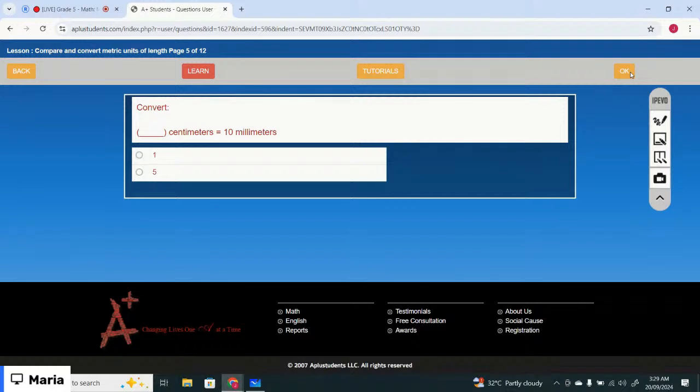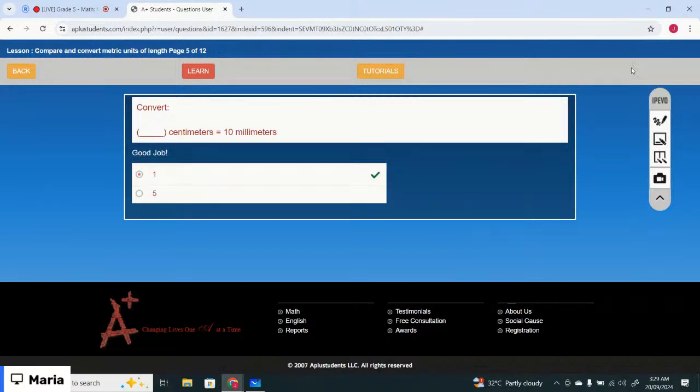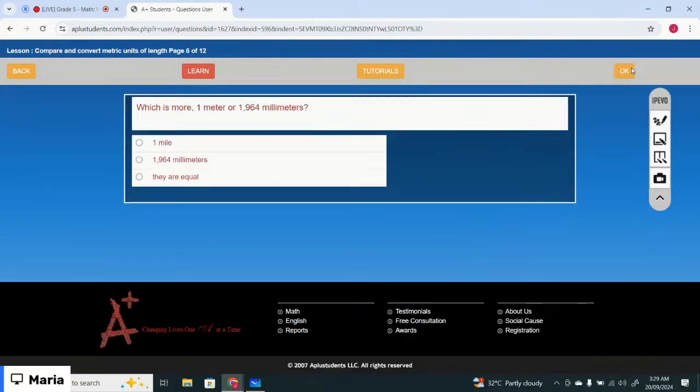The correct option is 1. Option number 1 is the correct option. Which is more, 1 meter or 1964 millimeters? Which is the correct option?